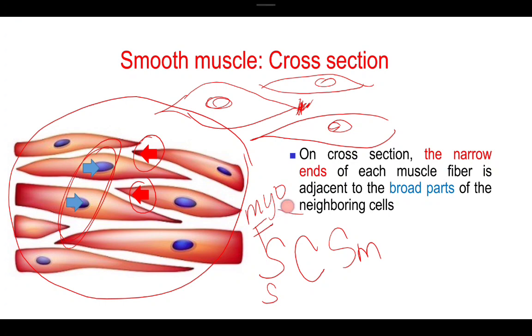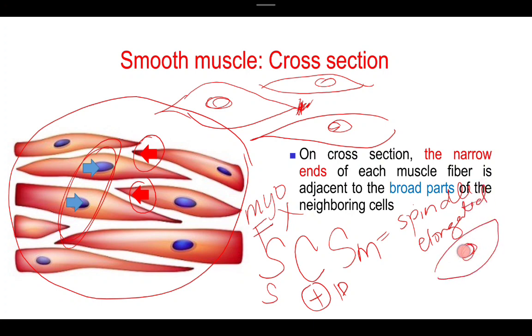Myoblasts that do not undergo fusion, and also the presence of your intercalated discs. For the smooth muscle, anong pala tandaan natin dyan? The spindle shape, and then the elongated nucleus that is found in the broad parts, yung widest area ng kanyang mismong cell.